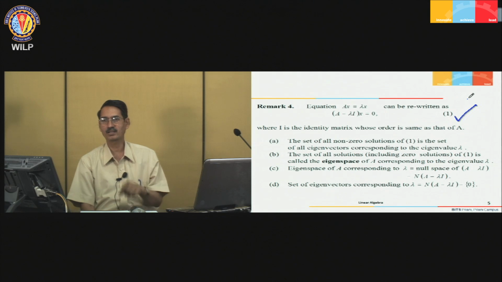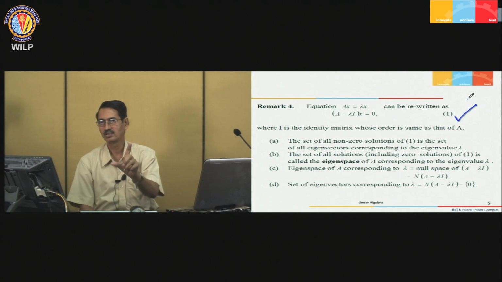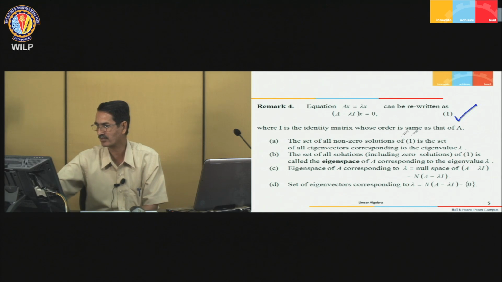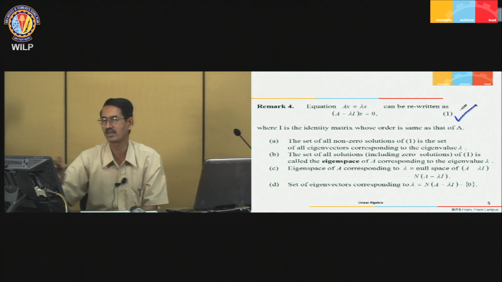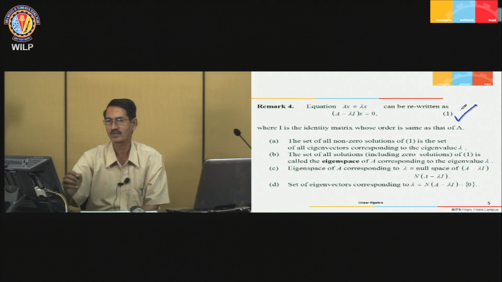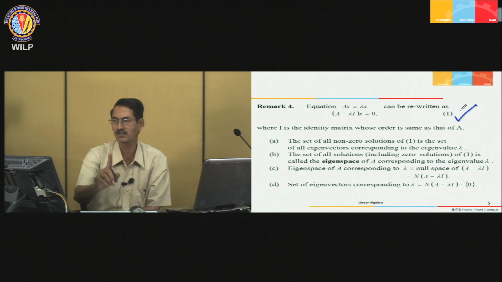Now, we have seen that the number of eigenvectors corresponding to one eigenvalue will be infinite, and the set of non-zero solutions of equation 1 is the set of all eigenvectors. So, eigenvectors are non-zero solutions of equation 1, simple meaning. Non-zero solutions of equation 1 are called eigenvectors of the matrix A corresponding to the eigenvalue lambda.